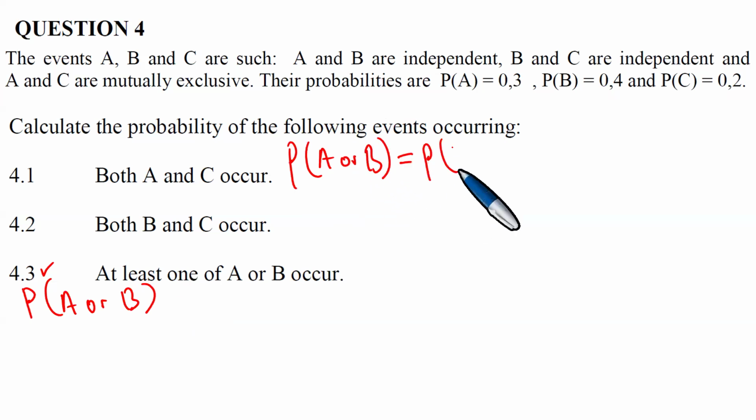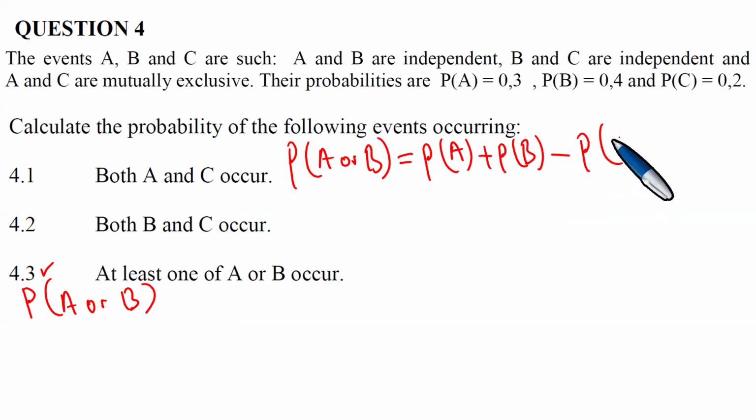It is the probability of A plus the probability of B minus the probability of A and B. This is the formula. Whenever we are given two events, A and B, then the probability of A or B is the probability of A plus the probability of B minus the probability of A and B.